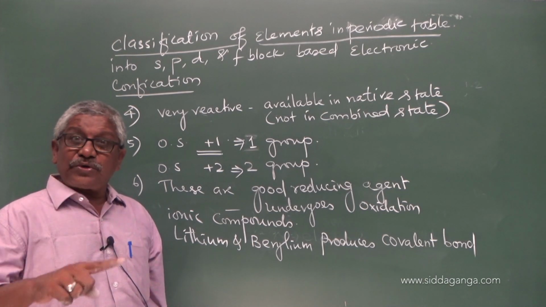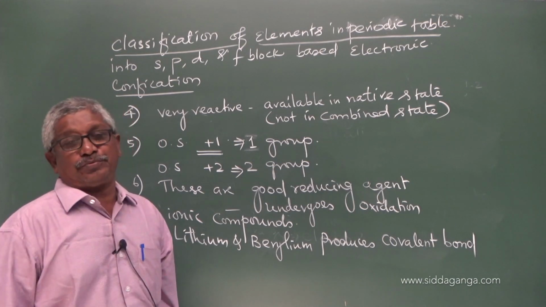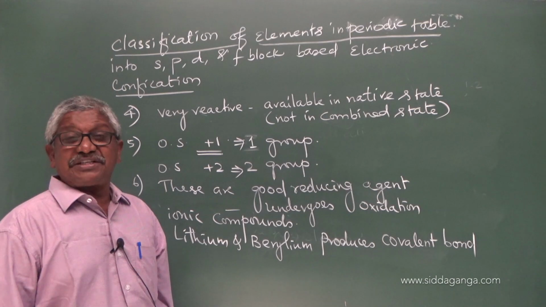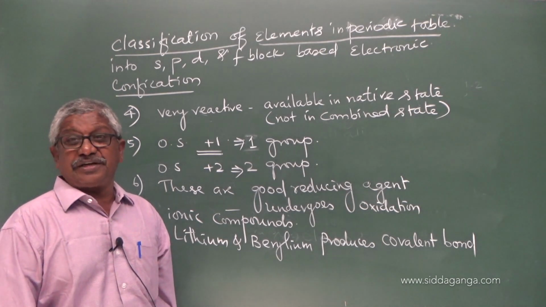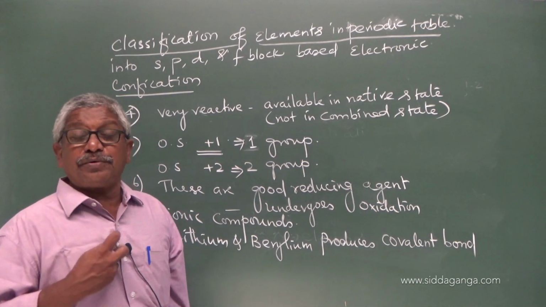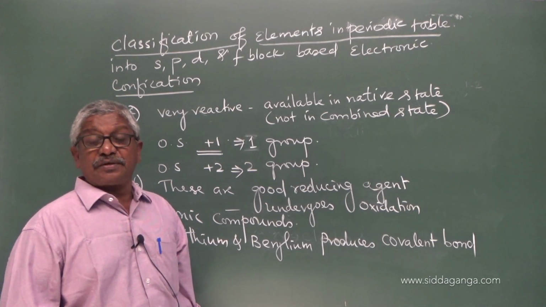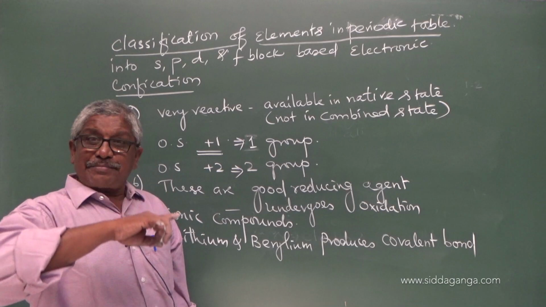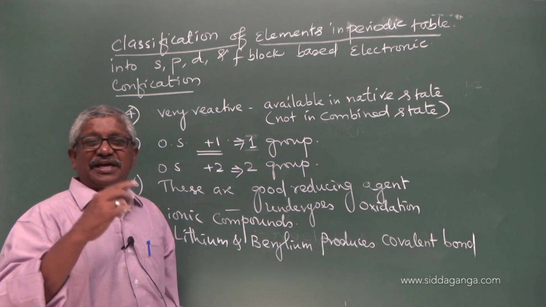It can also be placed in the 17th group in the modern periodic table. The 17th group is halogens. So hydrogen can be placed in the first group or in the 17th group.